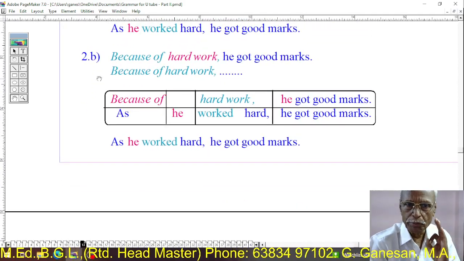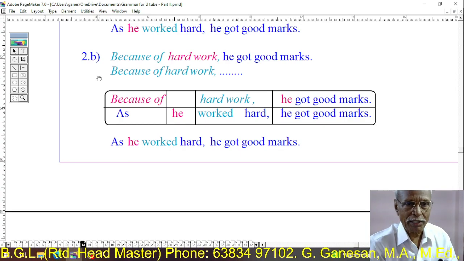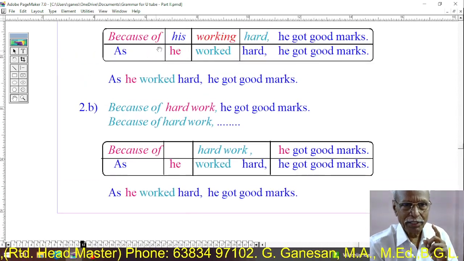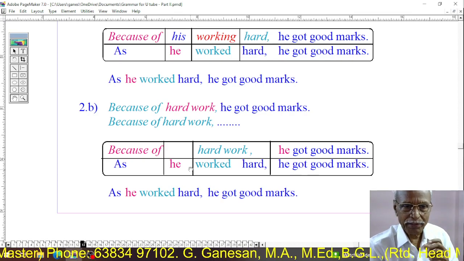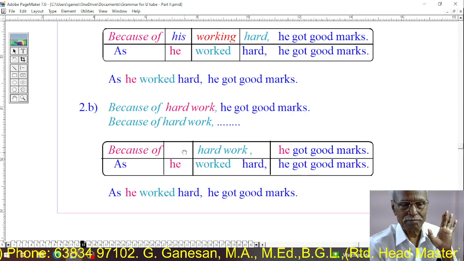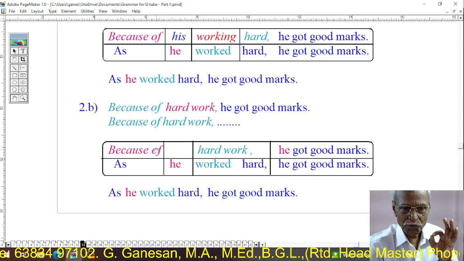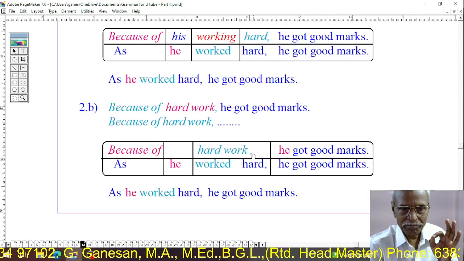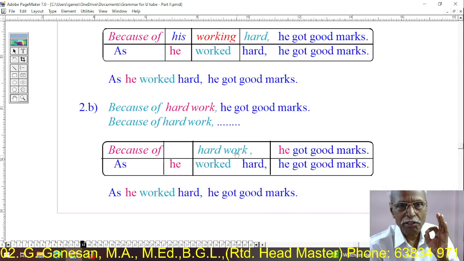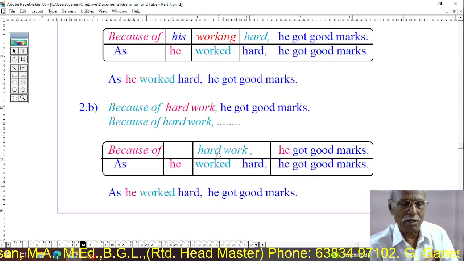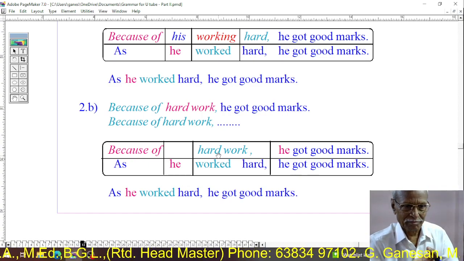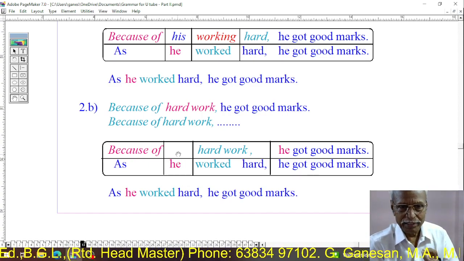Dear students, here I have used the possessive. Here I haven't used the possessive, but the answer is the same. Because of hard work. Instead of working hard, I have used the phrase hard work. Because of, as, there is no possessive.